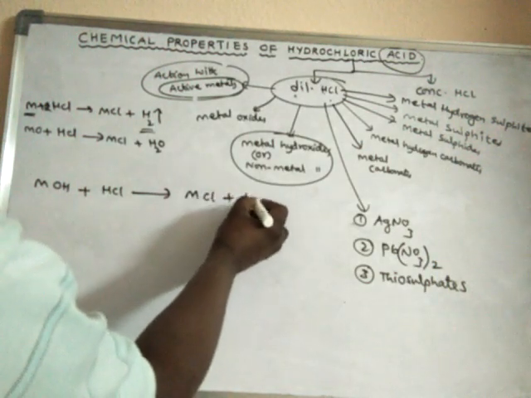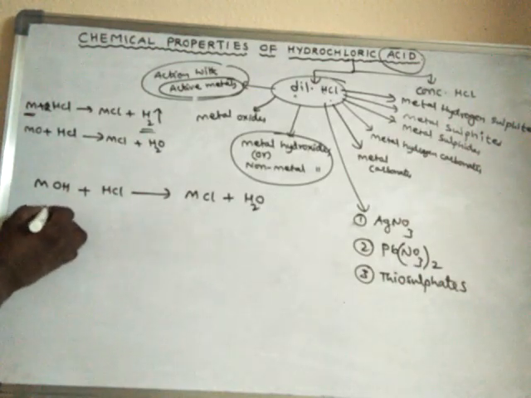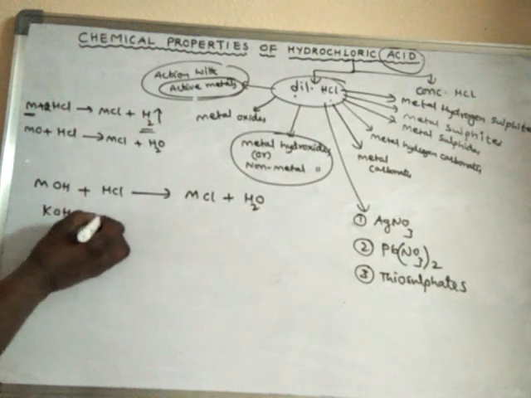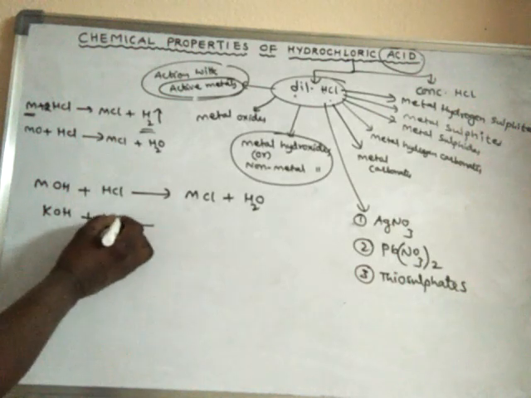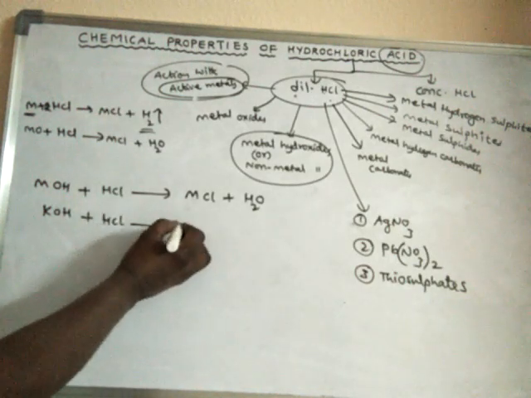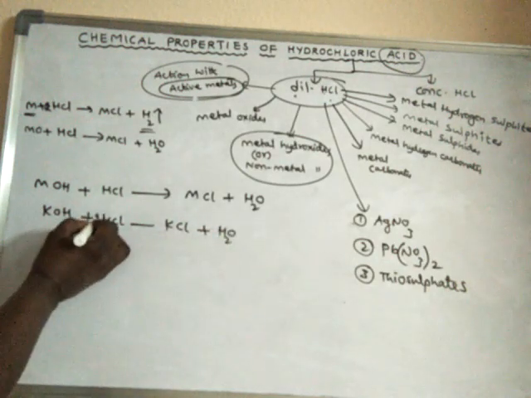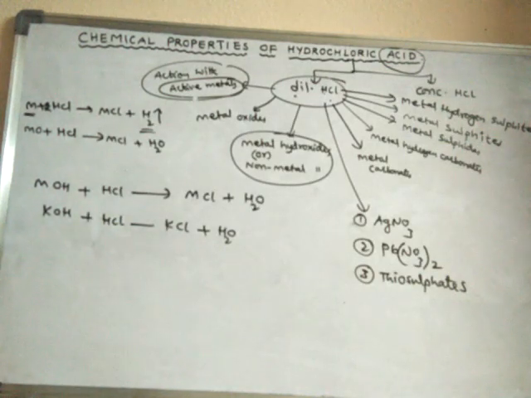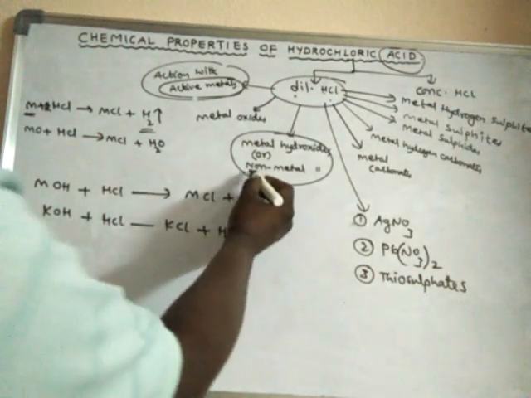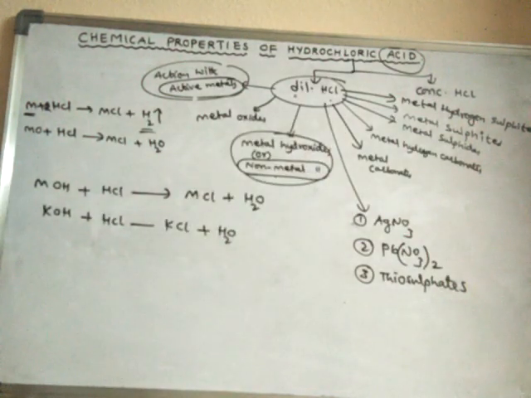If you take the example of potassium hydroxide plus dilute HCl, it forms potassium chloride and water is evolved in this process.